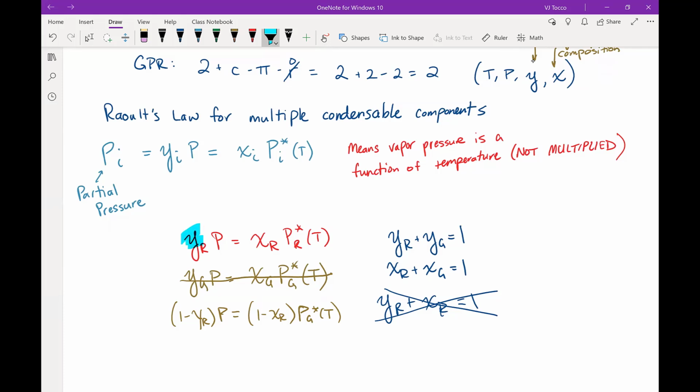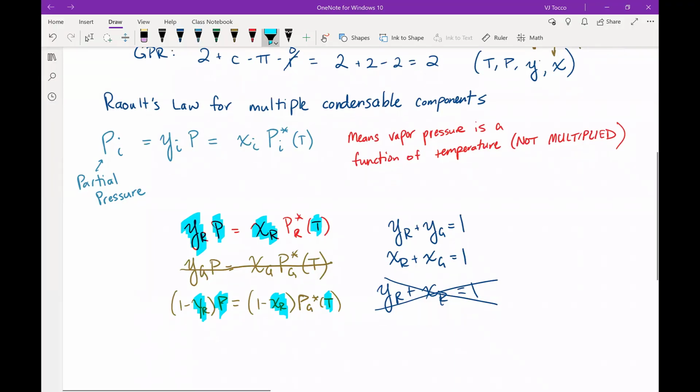So my unknowns are going to be Y red, P, X red, and T. And the same 4 variables are in both equations now. So therefore, if I had set 2 of them, so setting 2 out of the 4, then I could use these 2 expressions to solve for the other 2.